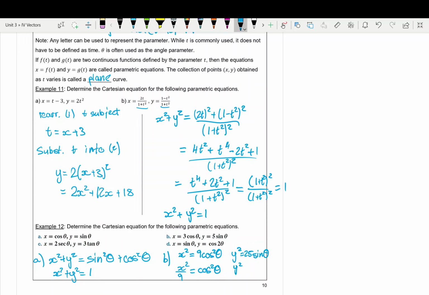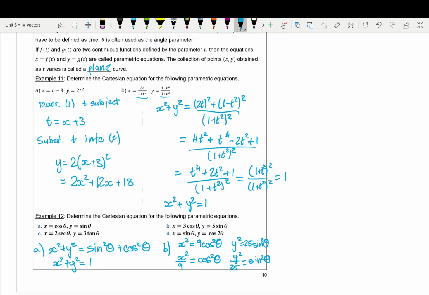So y squared on 25 equals sine squared theta. Therefore, when we add these, we get that x squared on 9 plus y squared on 25 is equal to 1.